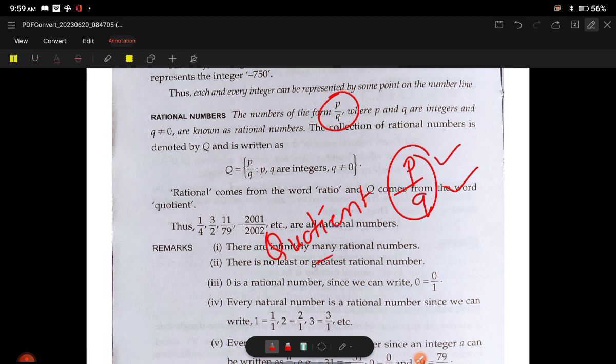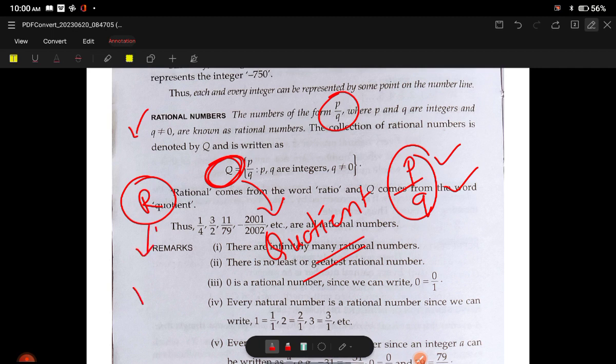That is why we denote the rational numbers by Q, because Q is for quotient, not R. R is the set of real numbers, and Q is the set of rational numbers. Don't be confused about why not R.